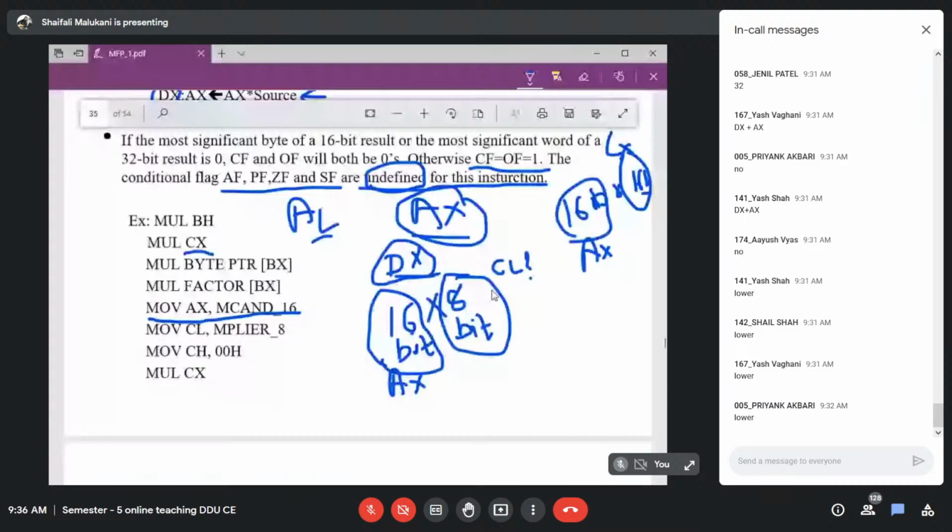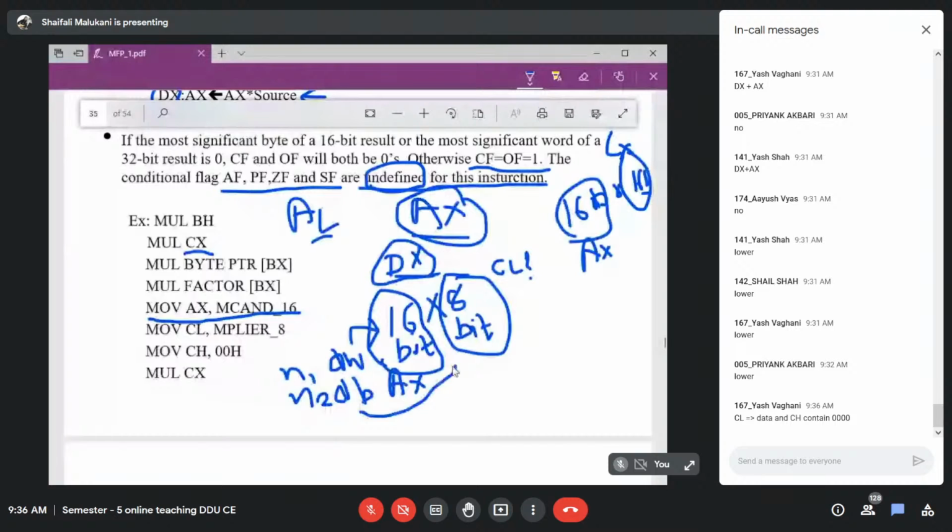Suppose my N1 is DW, pointing this, and N2 is DB, pointing this. CL is the data and CH should be 00. Can CL store N2? Is it capable enough? Yes. Do I have any instruction that will copy N2 to CL?